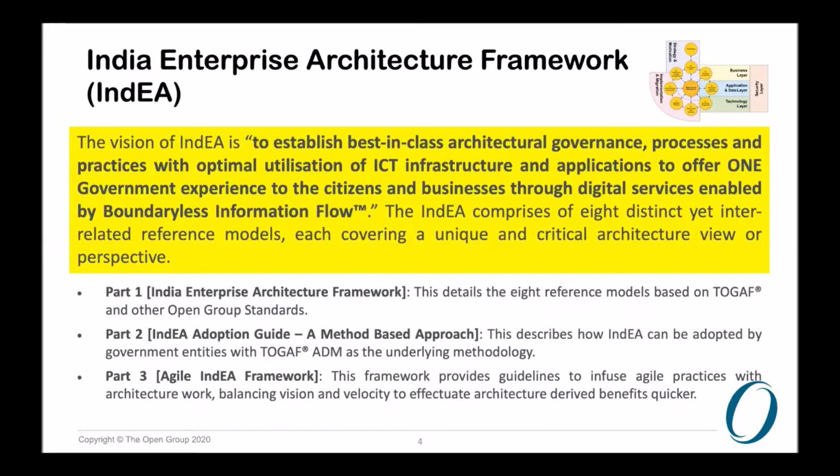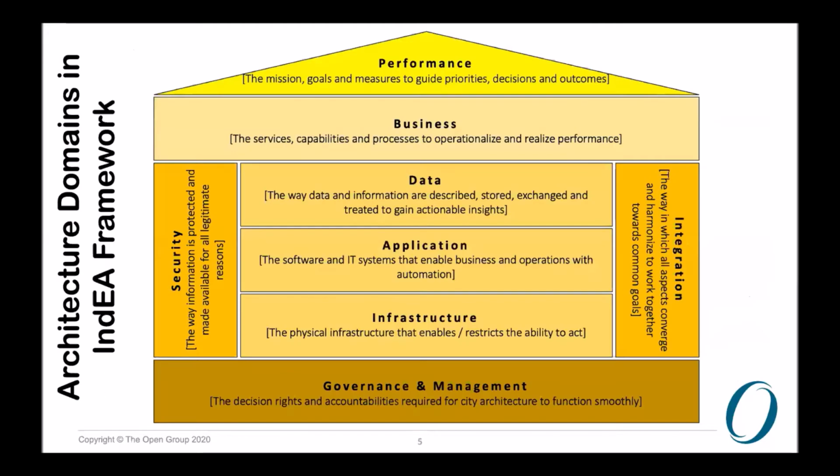Now, as I said here, the framework itself consists of 8 reference models. So these are the different domains of architecture. As you see, we have extended the domains. If you're familiar with TOGAF, TOGAF basically talks about 4 domains. We have extended domains because this was required by the stakeholders, so to speak.